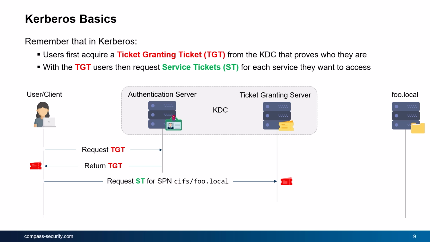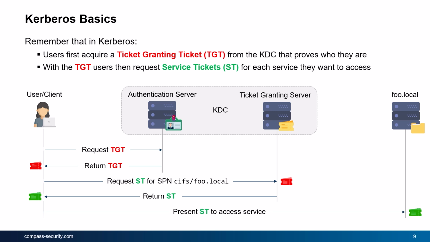In our example, it could be CIFS, so a file share running on foo.local over here. The ticket granting server part of the KDC will then issue a service ticket. And again, here it's important to know that there's no authorization decision taken at this point. The ticket granting server simply issues a service ticket as requested, and eventually when the user then connects to the target service and presents the service ticket, then an authorization decision is taken by the actual resource.